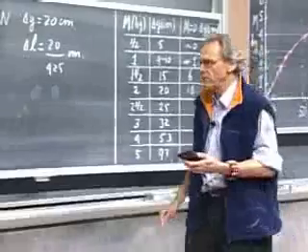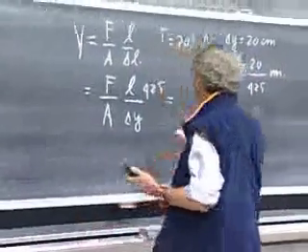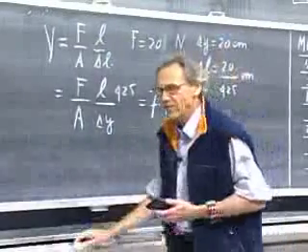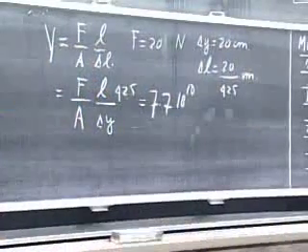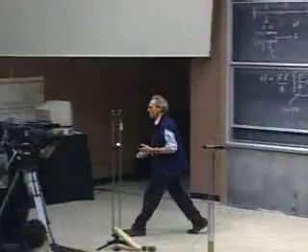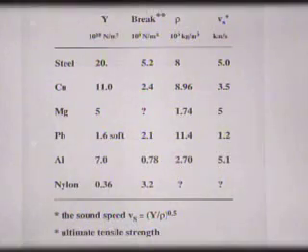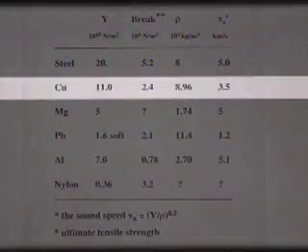And I get 7.7 times 10 to the 10th. And that is not bad at all, because I think, from what I remember, it is 11 times 10 to the 10th. That is quite amazing for such a crude measurement that we do here.